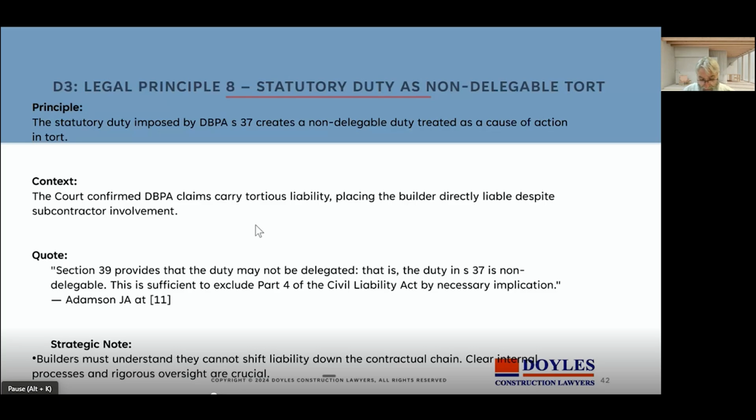And that comes out of Parliament in New South Wales having a very deliberate concern over the high-rise buildings that were collapsing and causing lots of loss to lots of people. And they said, well, we'll put a stop to it. We will make sure that we clean up the industry.